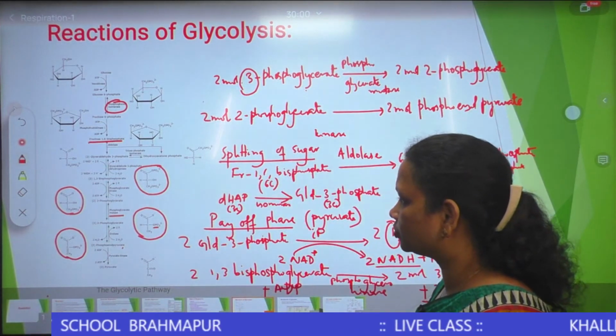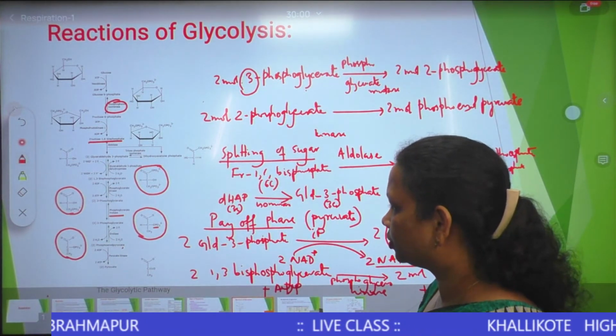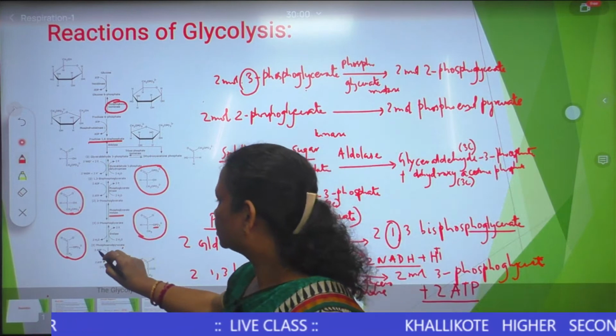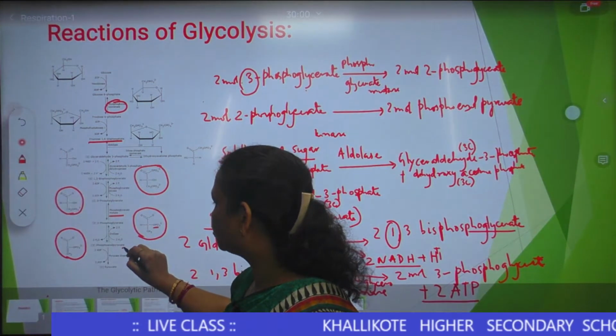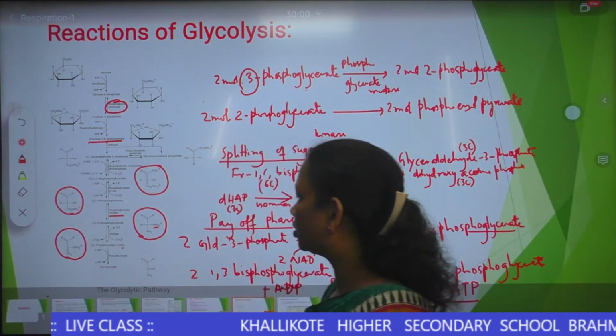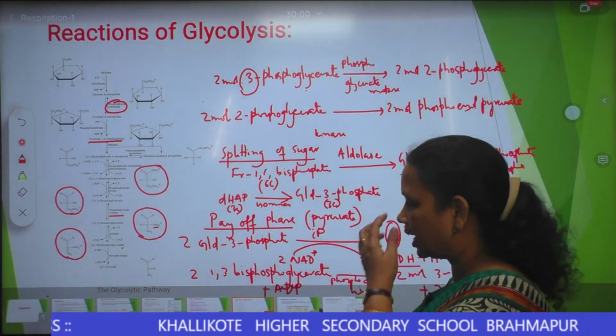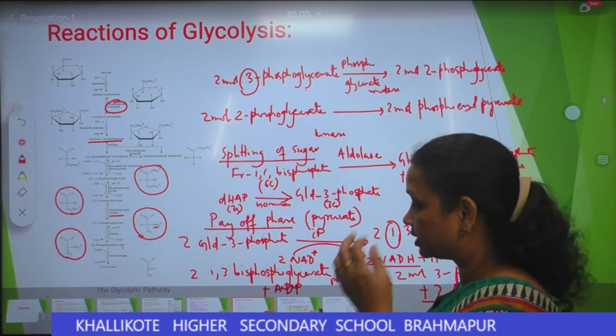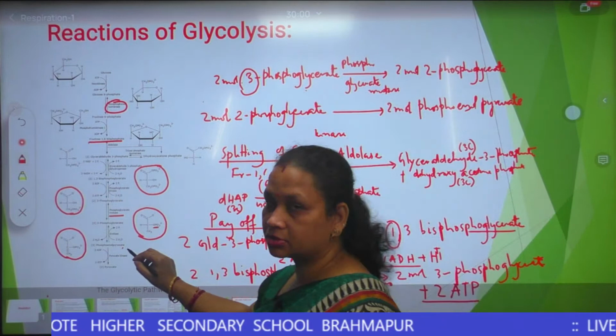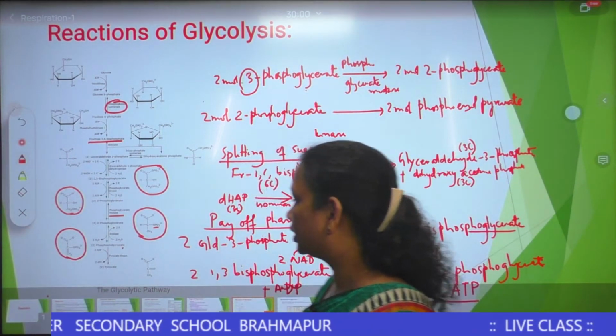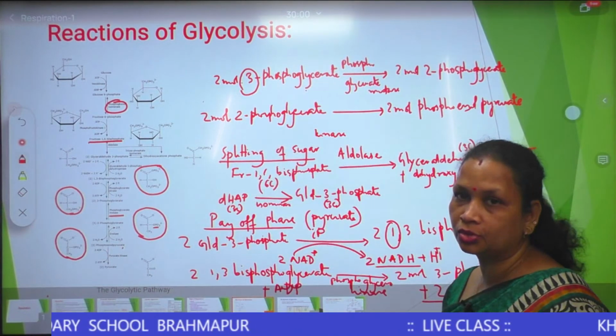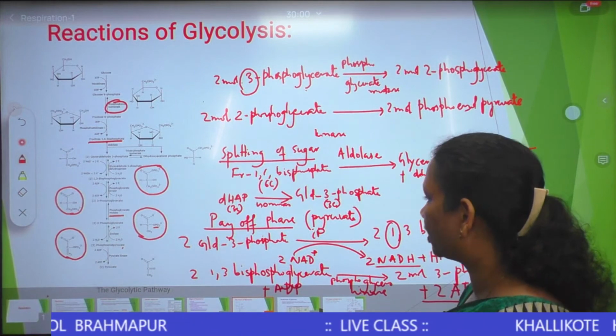So, in this step, water molecules are released, and the next step is 2 molecules of phosphoenol pyruvate get converted into 2 molecules of pyruvate.